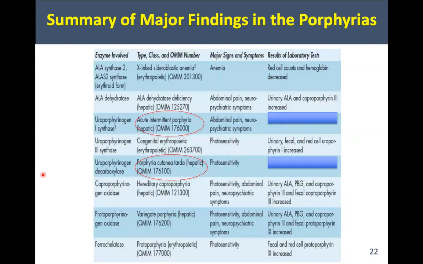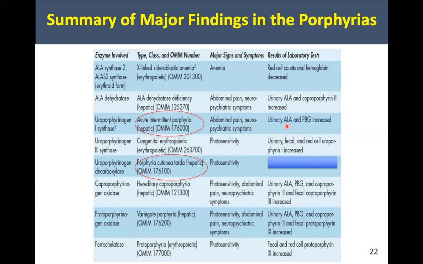Okay, so let's go over the two really important conditions from this lecture. Acute intermittent porphyria. I'm already giving you the answer that it's a deficiency in the enzyme uroporphyrinogen synthase, right? You guys have to tell me, what would you expect to see in the labs? In acute intermittent porphyria, where you lack the enzyme, you would expect to see elevated levels of what?